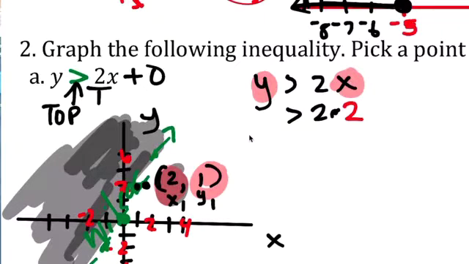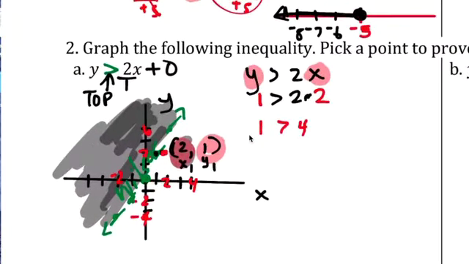So 1, oh, that's why it's greater than 4. That's false. Notice it's not shaded in. So if you pick the wrong one, it's not true. That point is not there.